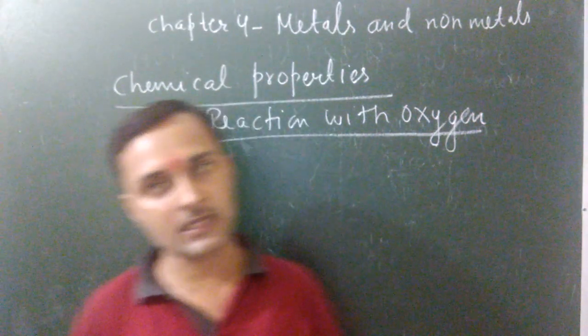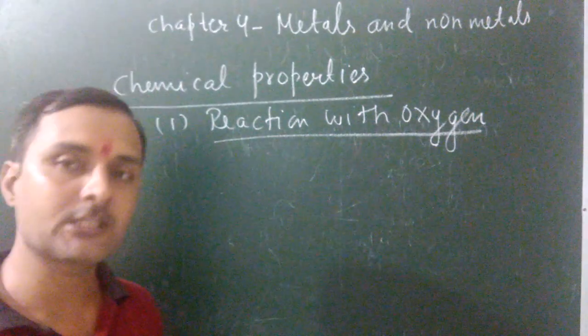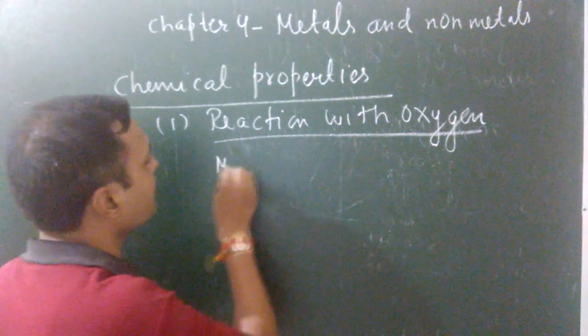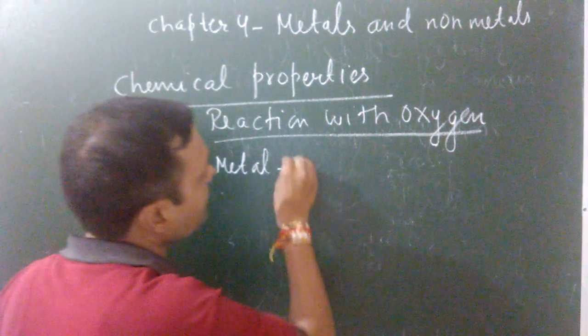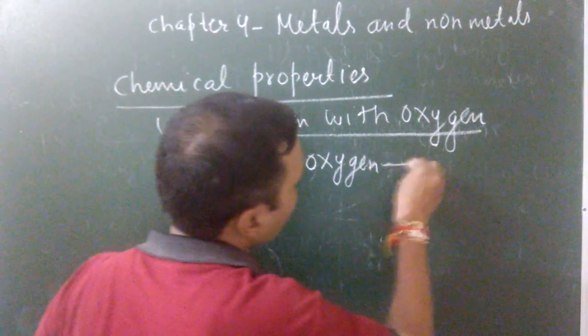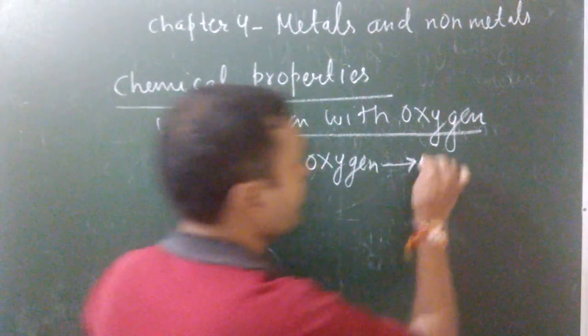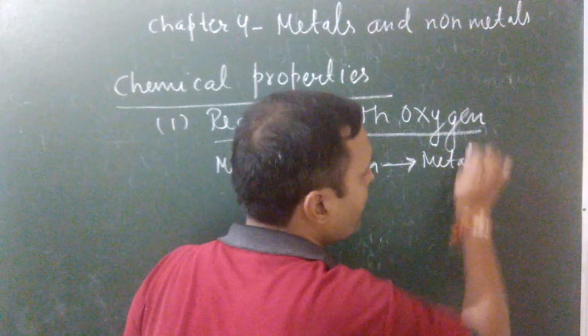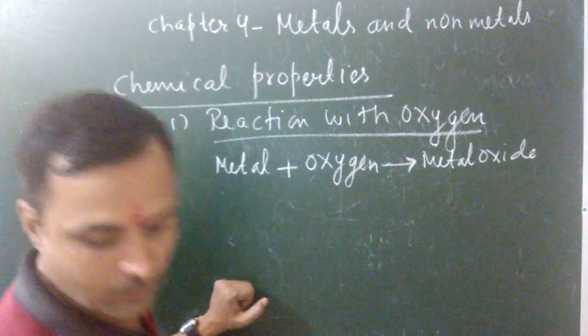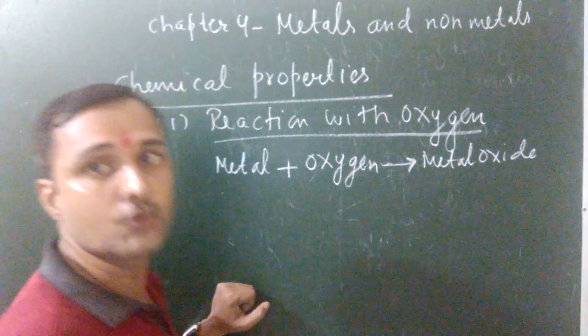It forms metal oxide, and when this metal oxide reacts with water, it forms a base. You can see the first one: metal plus oxygen gives formation of metal oxide. You can see this in your book, page number 42.